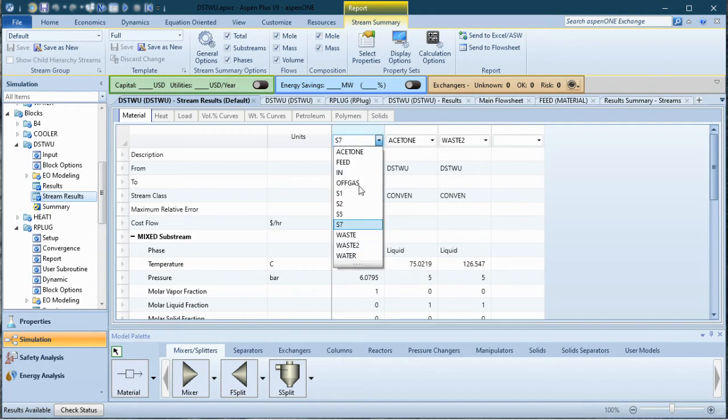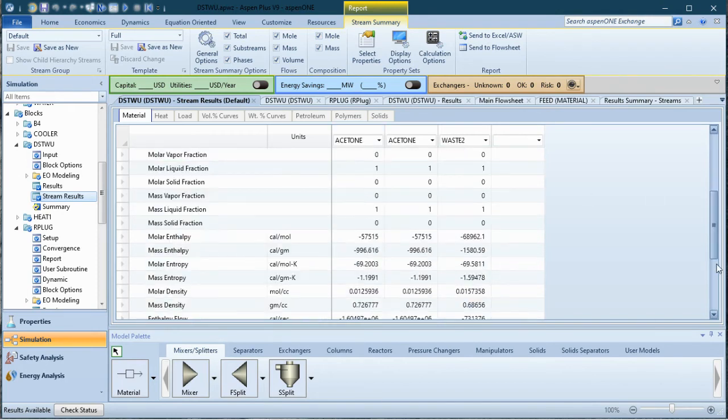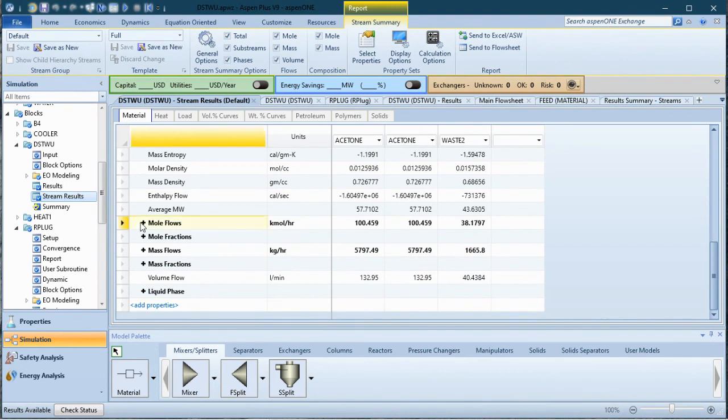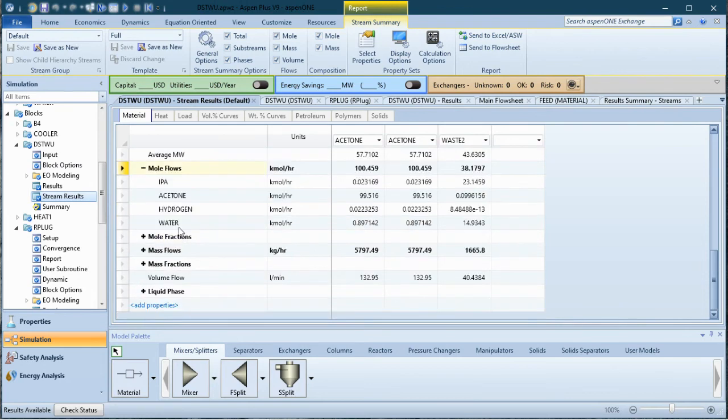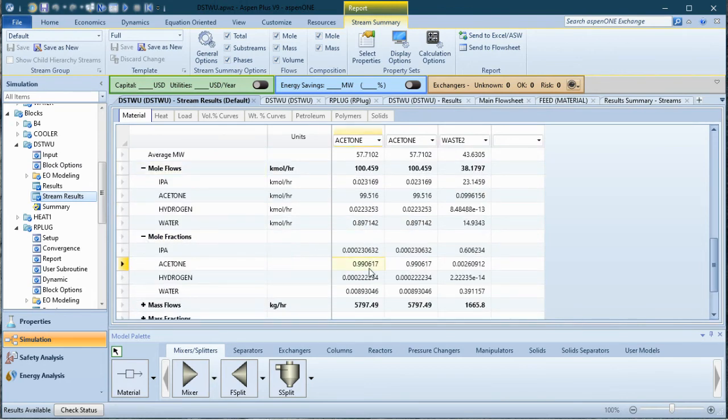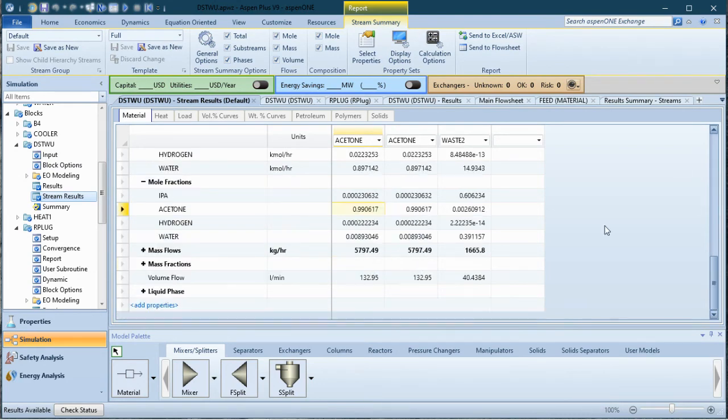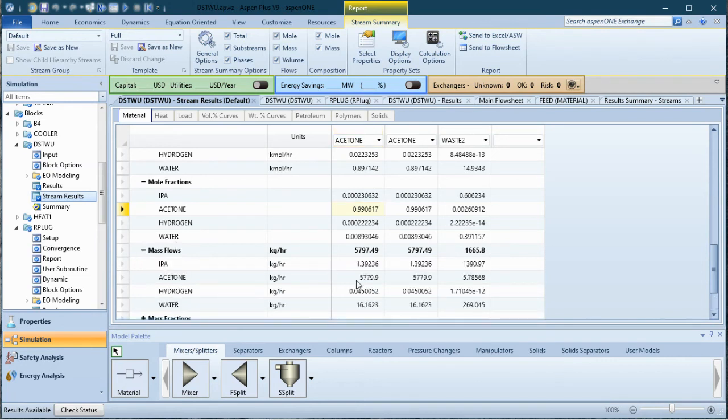So for the acetone, this is our desired purity 99%. So it has already achieved the requirement. Also the mass flow rate. This is our mass flow rate, in the range of 50,000 ton per year.